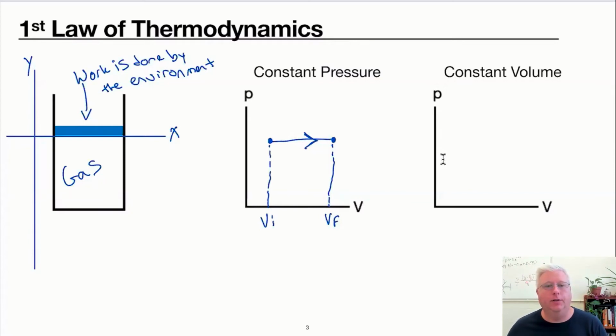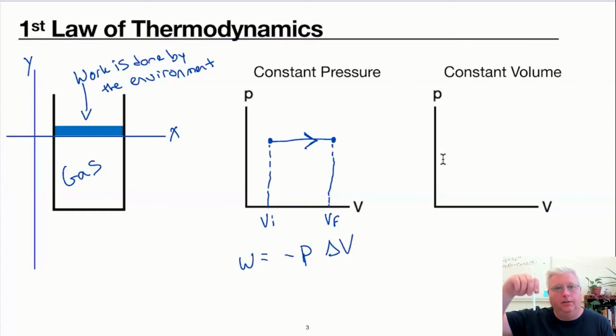Okay. And so the work, what we could see here is that the work done is that area under the curve, okay, or more specifically, the negative of the area under the curve, right? So it's a pressure versus change in volume. Okay, so we say negative because it's going in the opposite direction of the gas expanding.